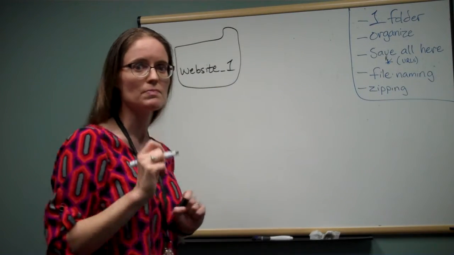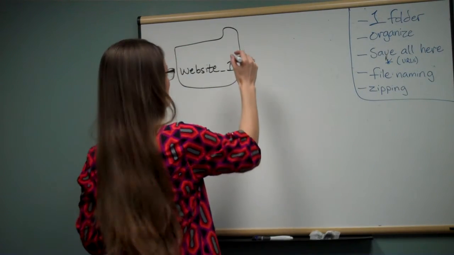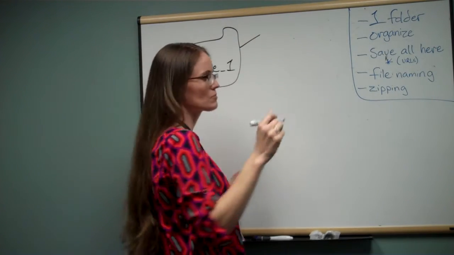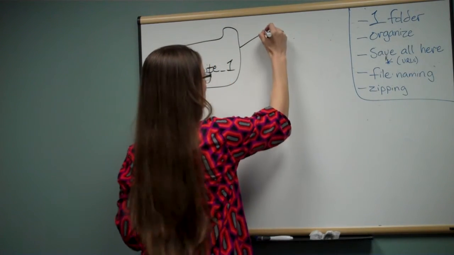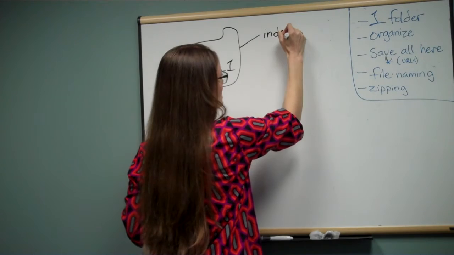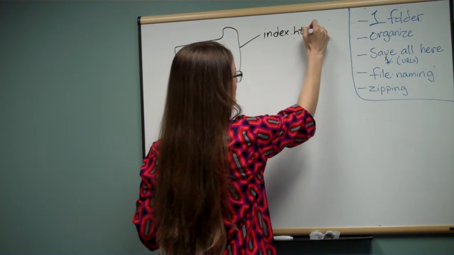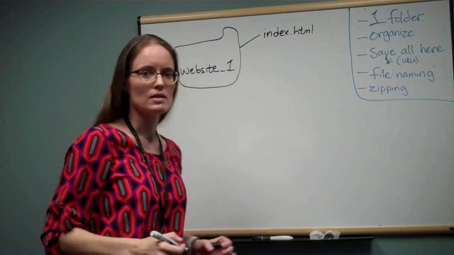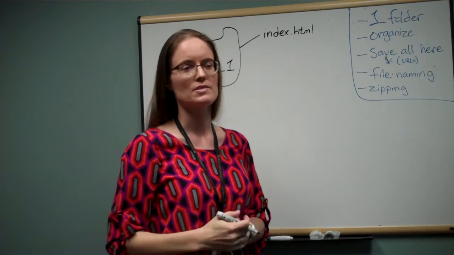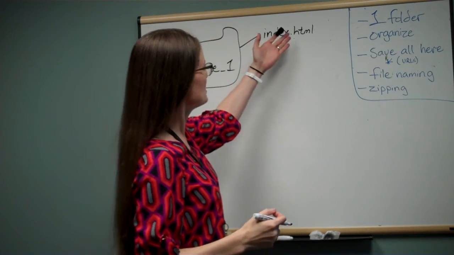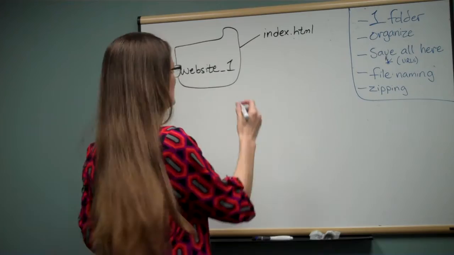So let's create a few things for a website. Let's create a sort of home page for your website. We'll title it index.html, and on that home page you'll have text, and you may have images and things like that.